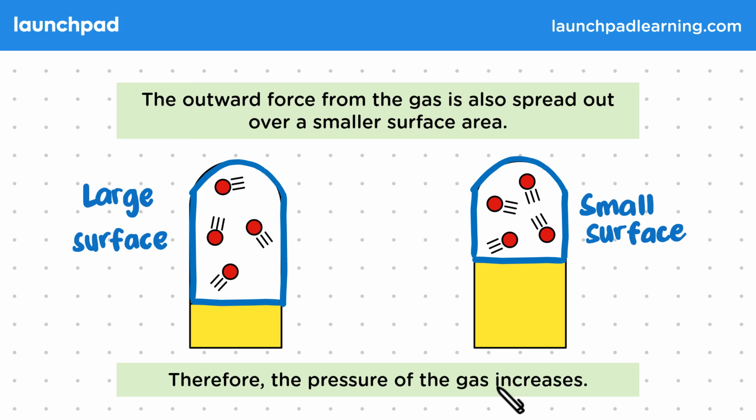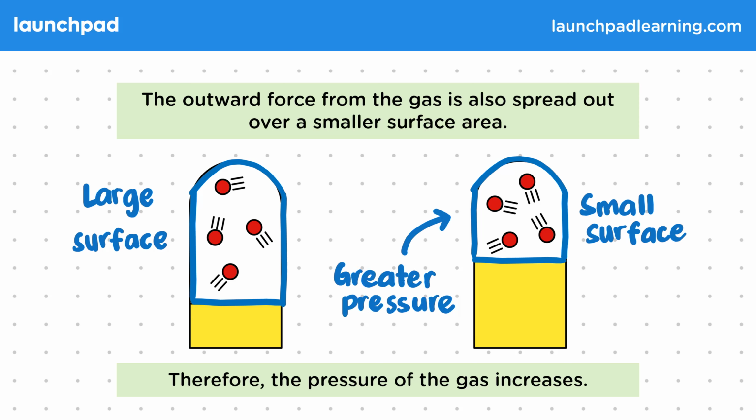Therefore, the pressure of the gas increases. This is because pressure is equal to force divided by area. So when we decrease the volume, there is a greater force from the more frequent collisions and a smaller area, meaning there is a greater pressure.